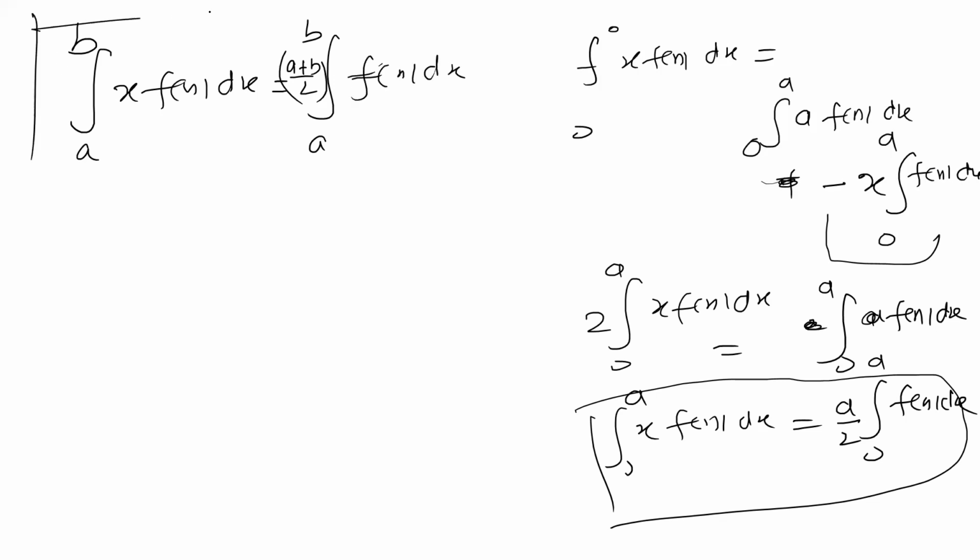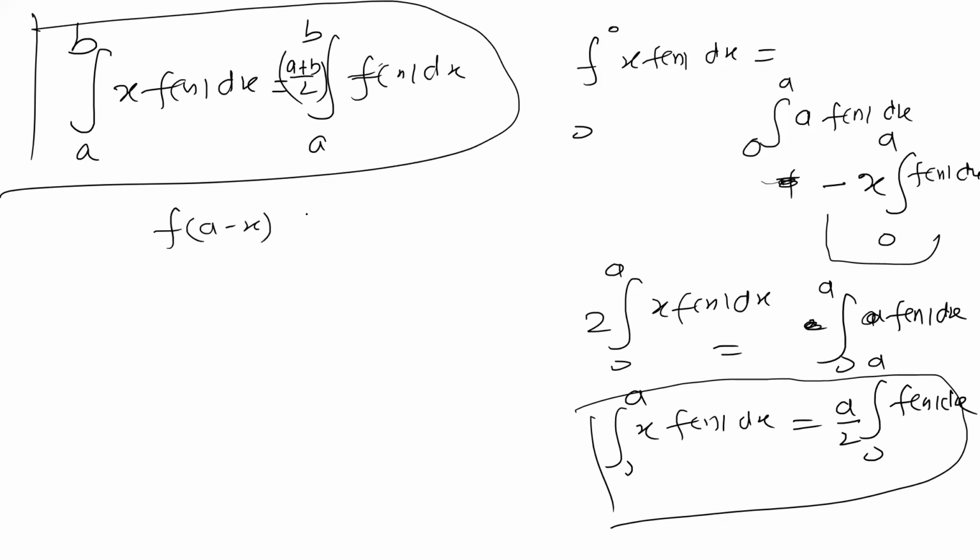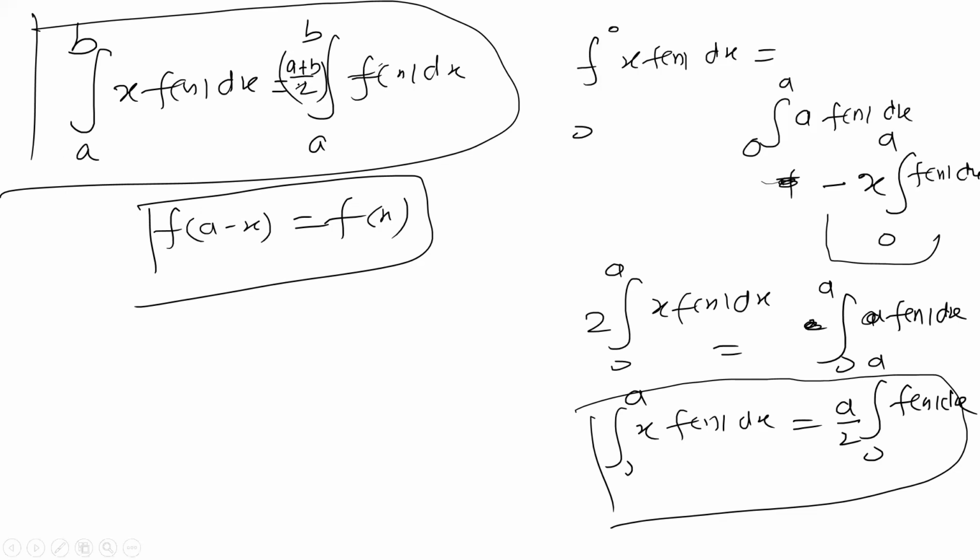This is only applicable when f(a plus b minus x) is equal to f(x) itself. Hope you understood that. Here in my problem the lower limit is 0 itself, so there is no problem. But if the lower limit is not 0, then you have to consider the lower limit also, a plus b by 2. So let us solve using this property.